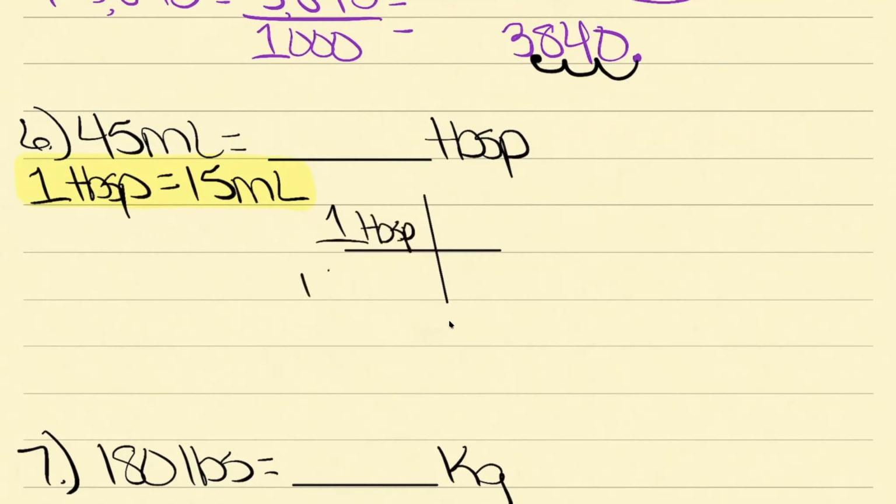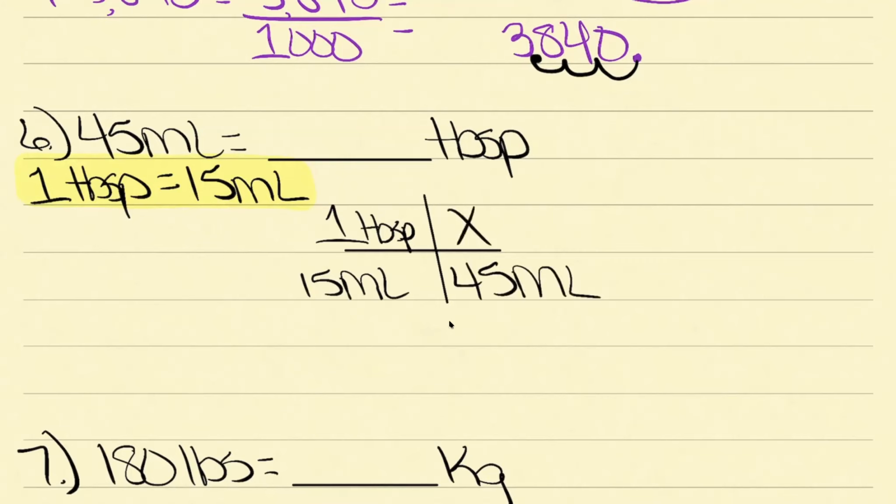1 tablespoon is 15 milliliters. And we're asking about 45 milliliters, so it's going to go on the bottom right.